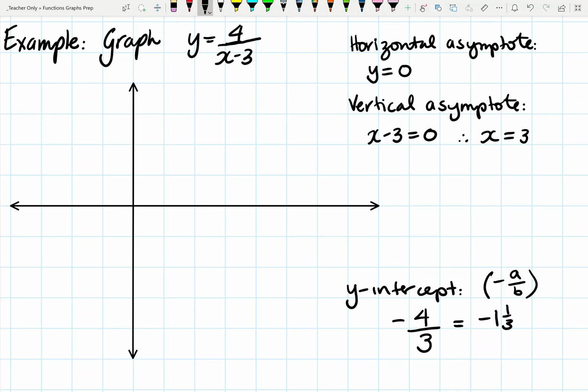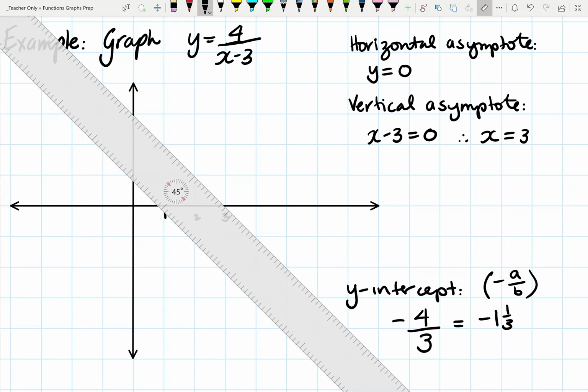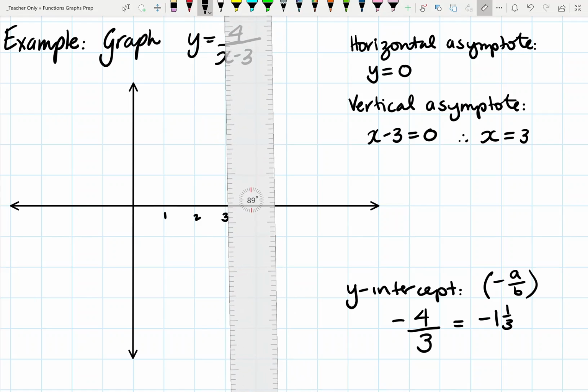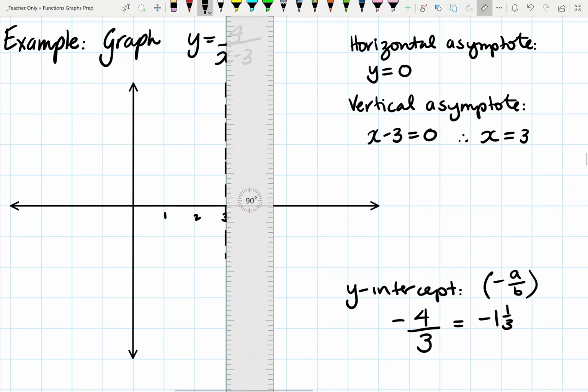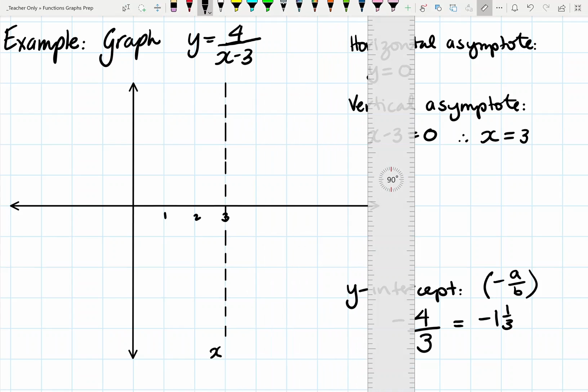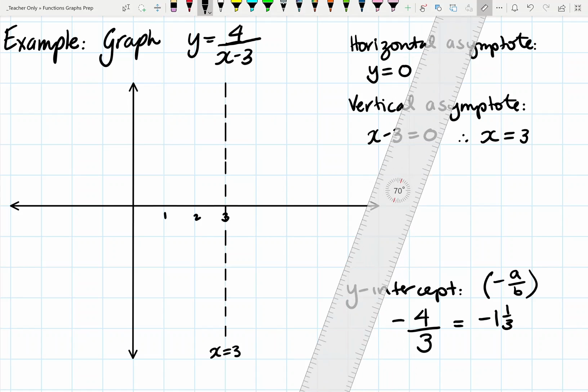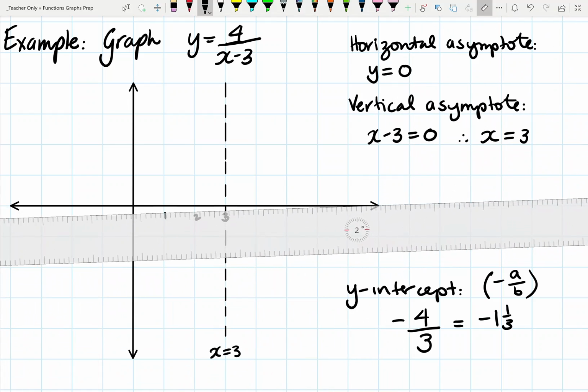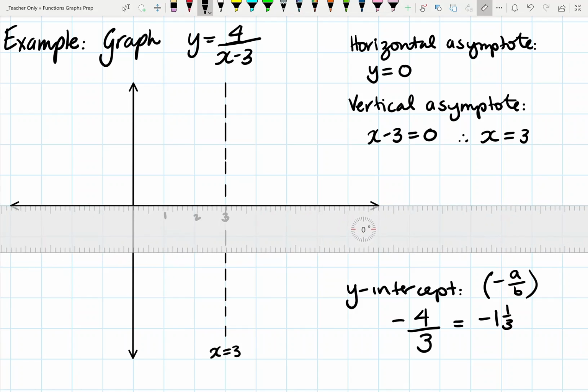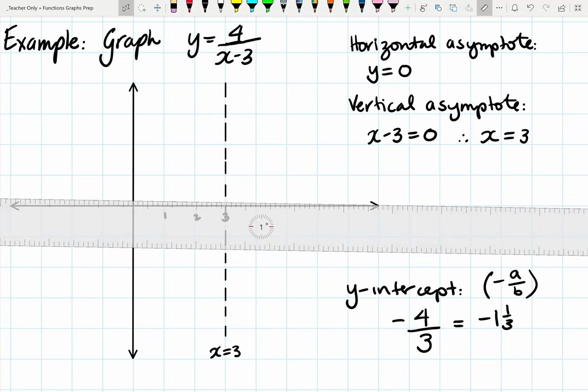So if we plot that, the first thing we're going to put in is a vertical asymptote at x equals 3. It's marked as a dashed line, and we label it x equals 3. Then we're going to put in the horizontal line at y equals 0.